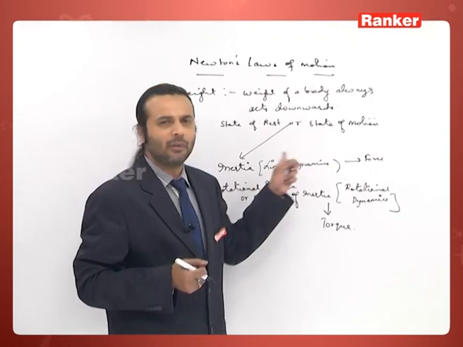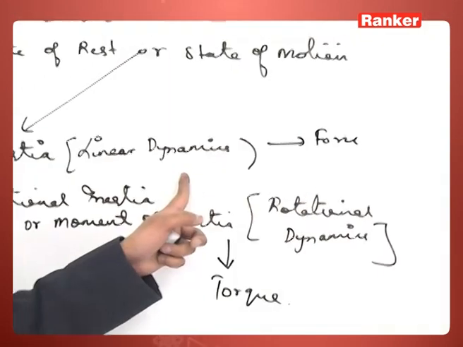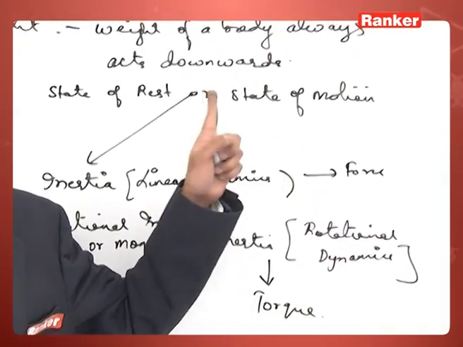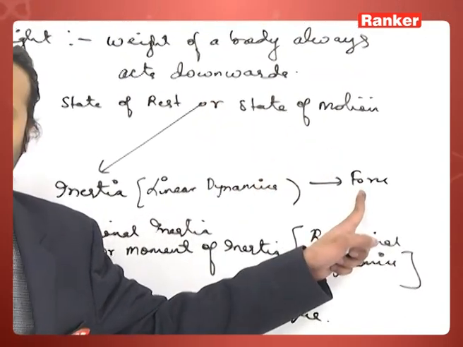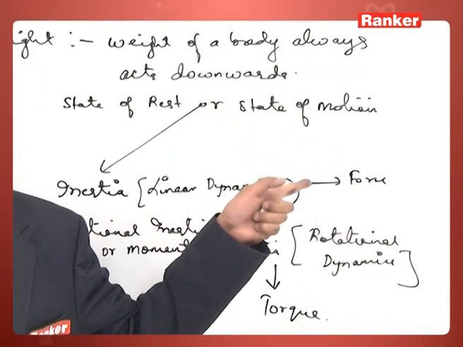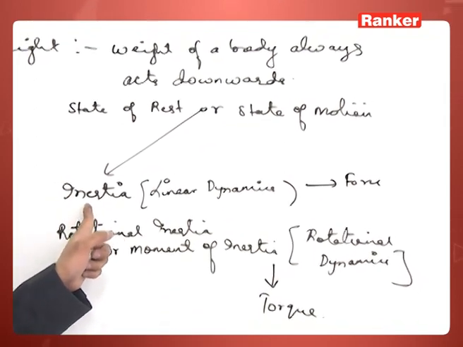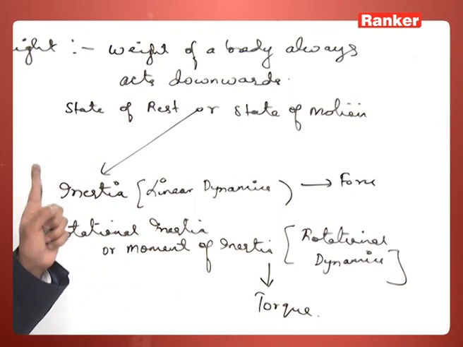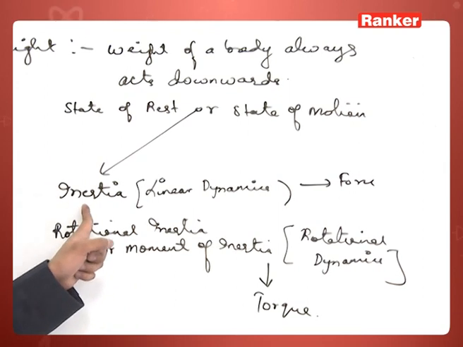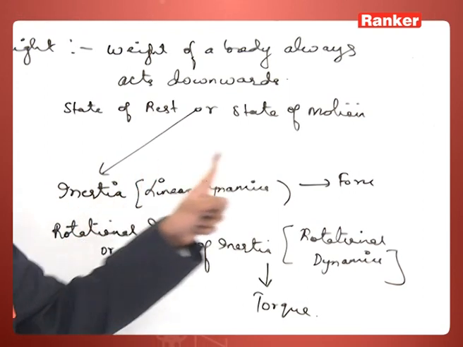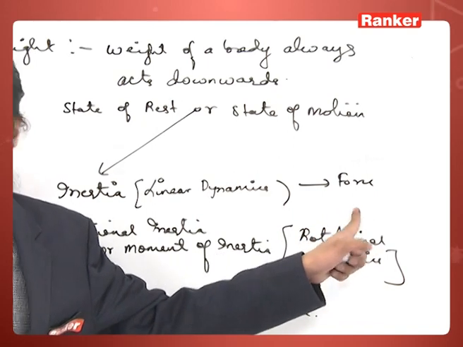So when we talk about inertia, linear dynamics, we will have force, how much amount of force has to be applied to make a body go from state of rest to state of motion. It depends on what is the inertia of the body, what is the mass of the body. More the mass, more the inertia, more amount of force has to be there.